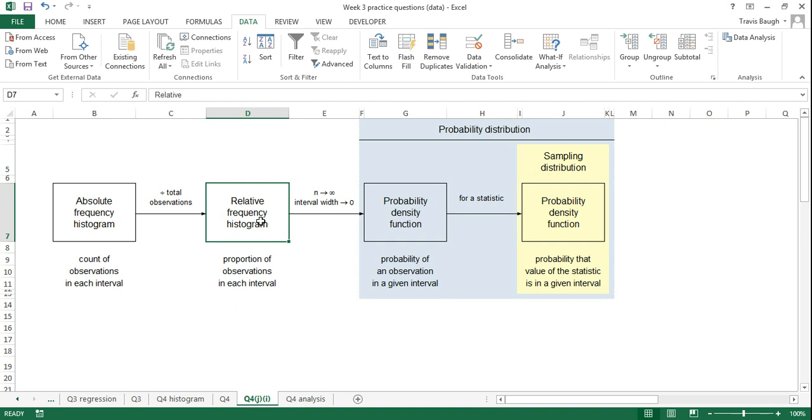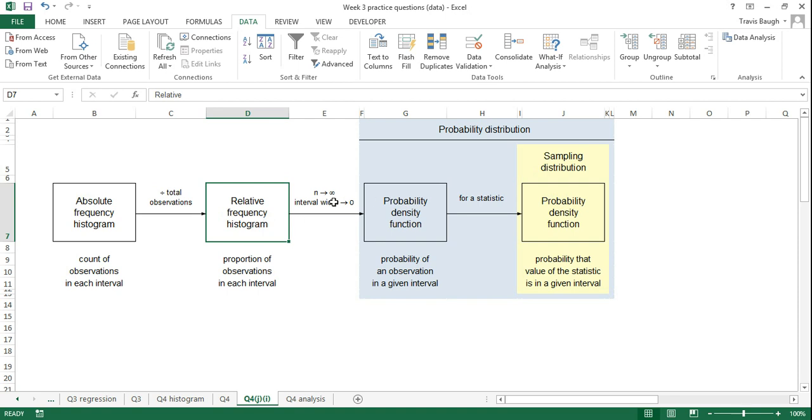Then from a relative frequency histogram, remember that ours was based only on 100 samples to produce our histogram.